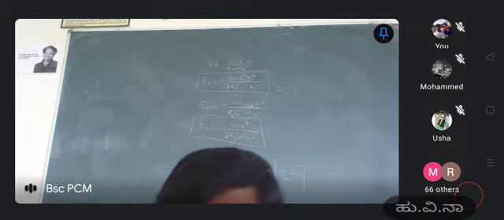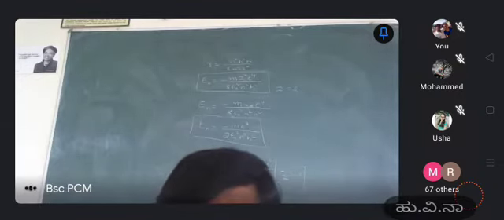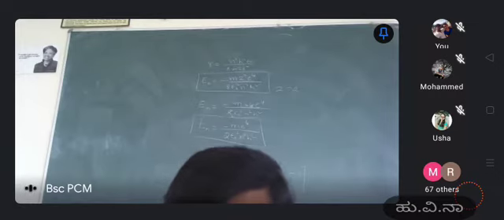The wave number of the spectral lines is given by the formula nu bar is equal to 1 by lambda. So 1 by lambda gives us the wave number. It is given by m z square e to the power 4 by 8 epsilon naught square c h cube into 1 divided by n1 squared minus 1 divided by n2 squared.